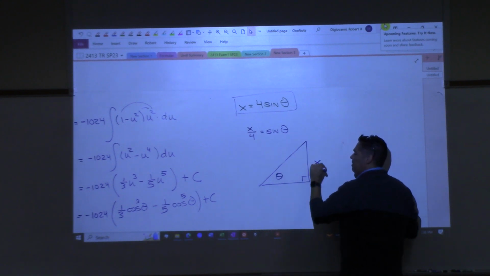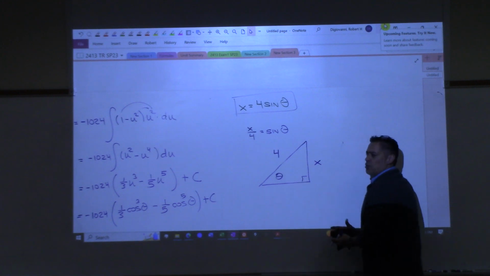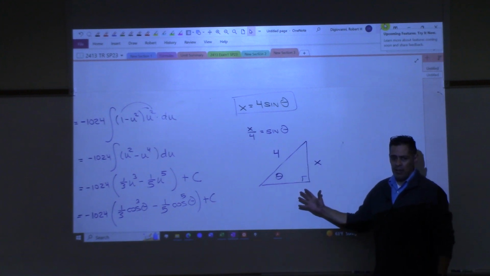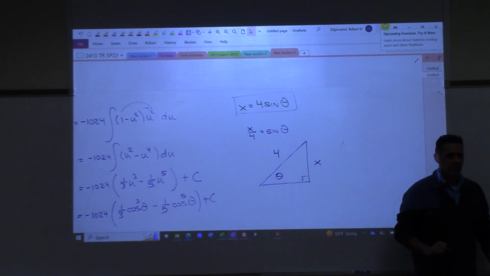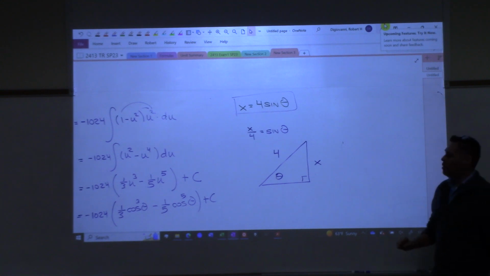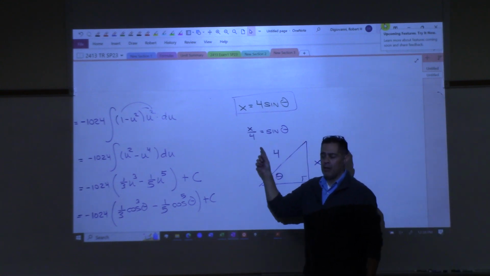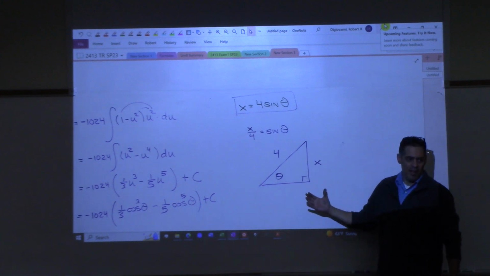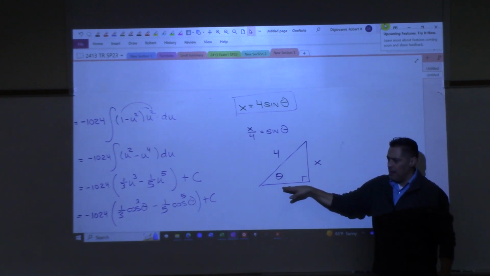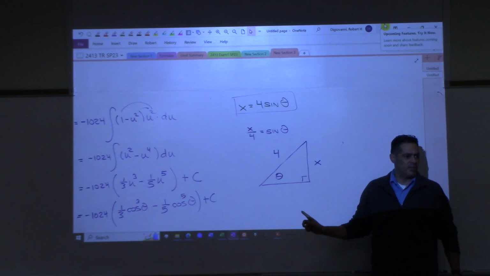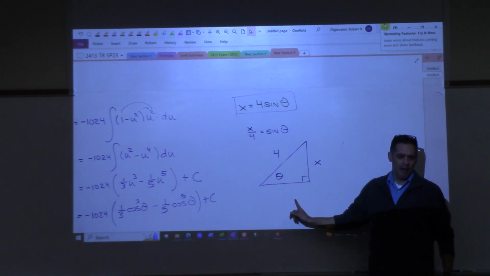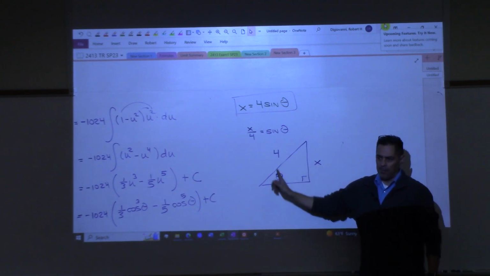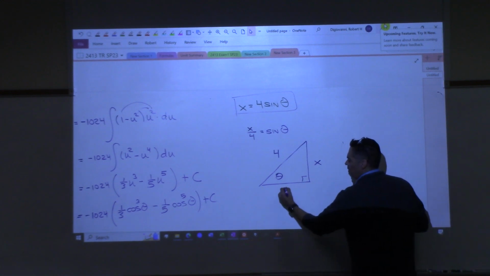So if I label this x and that 4, do you agree that this picture represents that equation? Yes? And we don't want to know what sine of theta is, we want to know what cosine of theta is. Off of this triangle, to get cosine, you need the adjacent side. But I know 2 of the 3 sides, so I can find that side, just using Pythagorean.